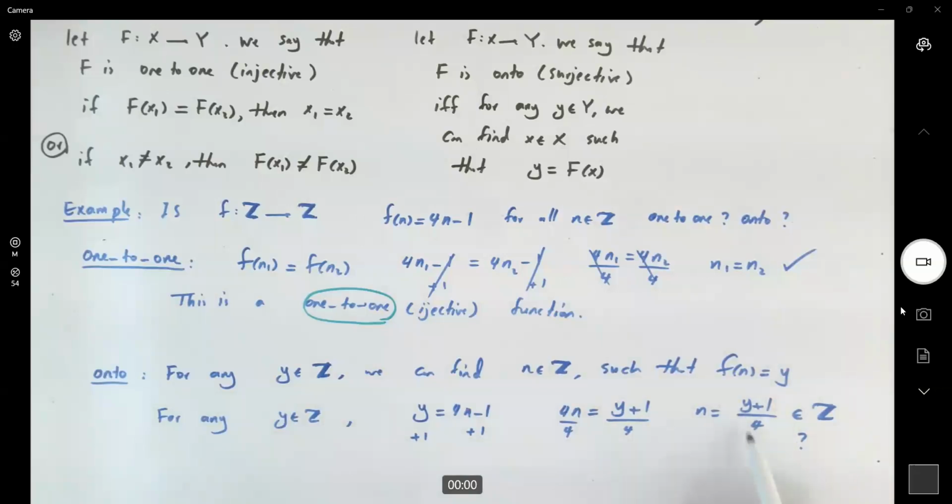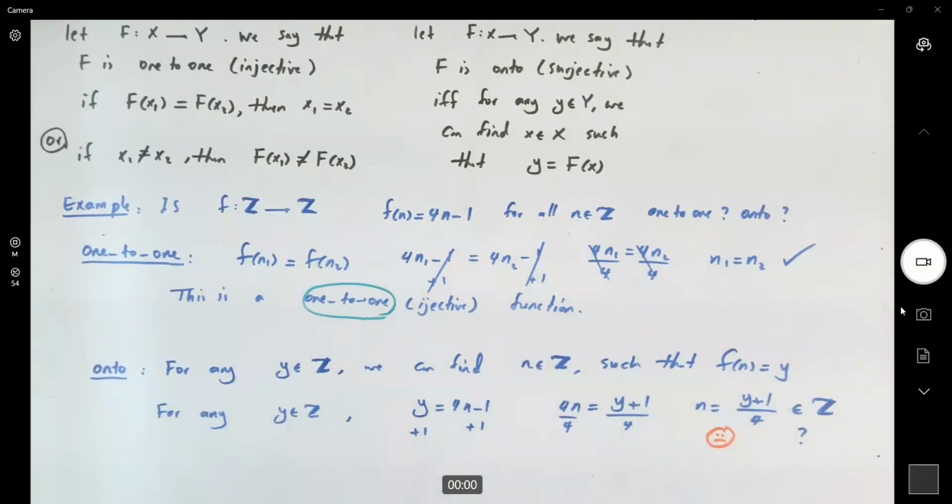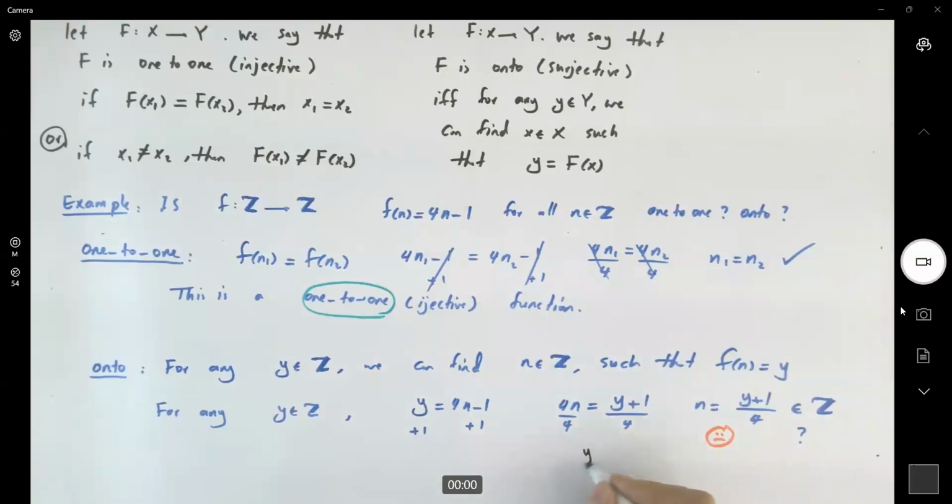Remember that not all fractions represent integers. Take a look at this. If we take any integer, it must work for any integer, all right? If we take y to be equal to 0, n becomes 1/4, which is not an integer. So you are not able to find an integer connecting to 0 by this function f. That's impossible.